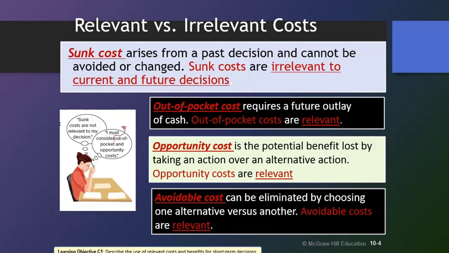Opportunity cost refers to the potential benefit lost by taking a specific course of action. Basically, opportunity cost is what you're giving up in order to take one action over another. Avoidable cost is a cost that can be eliminated by choosing one alternative versus another. Avoidable costs are relevant.